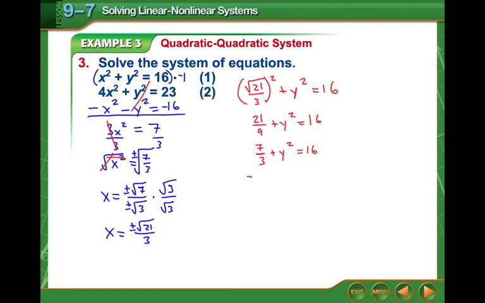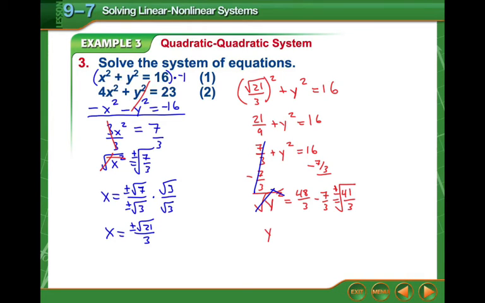We need to subtract the 7 thirds over. So we have y squared equal to 16, which in thirds is going to be 48 thirds, minus 7 thirds, which is going to give us 41 thirds. And again, we're going to have to square root both sides, again including plus or minus.